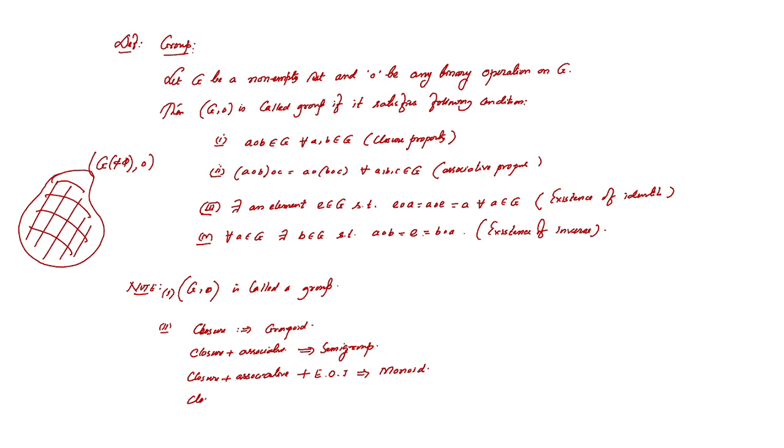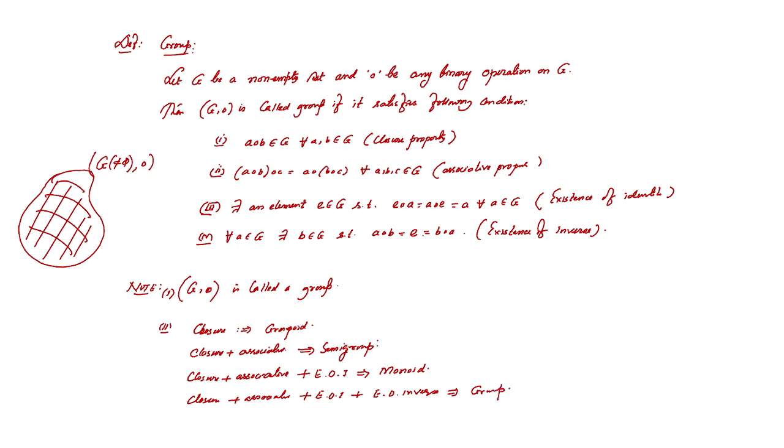And closure plus associative plus existence of identity plus existence of inverse is basically a group.